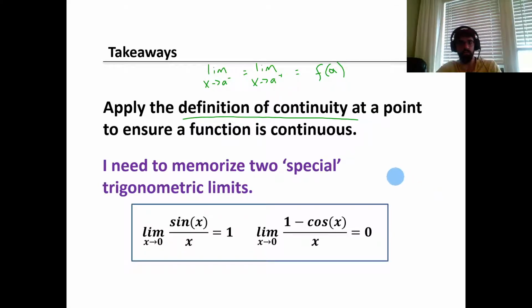We also need to know that cotangent is equal to cosine over sine. It's very important. And we also need these two trig limits. If you memorize two trig limits, these are the two you'd want to memorize. And when I say memorize, I mean like for an AP test. So that's that.